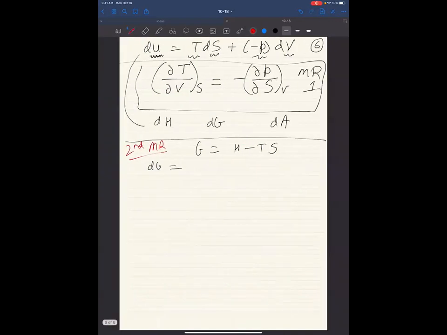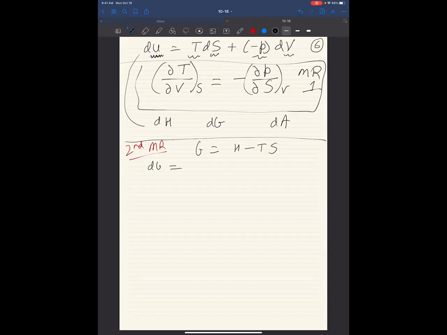So first we have to figure out what are the natural variables for G. Can anyone tell me what should be the natural variables for G without doing algebra? Any ideas? Go ahead. No, it will be pressure and temperature. It kind of makes sense, but let's see how it works out.